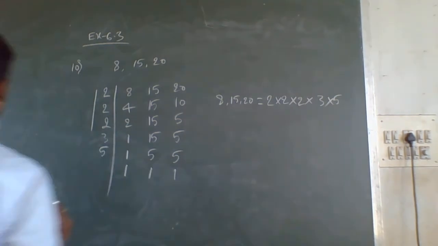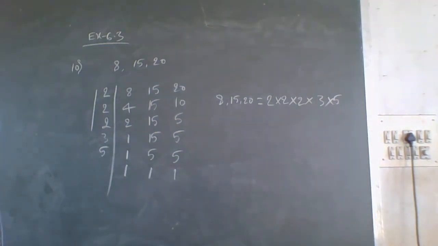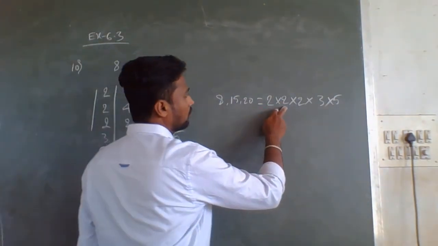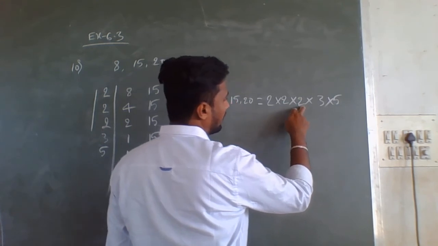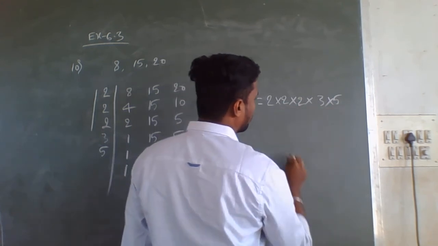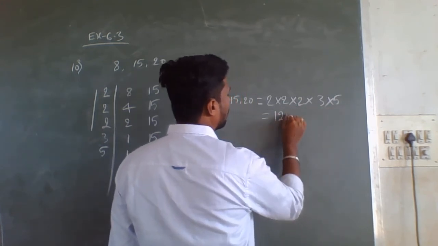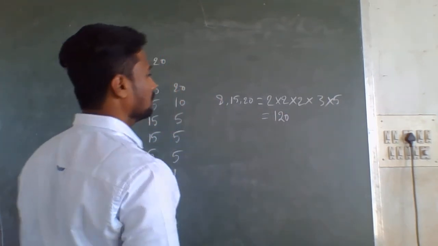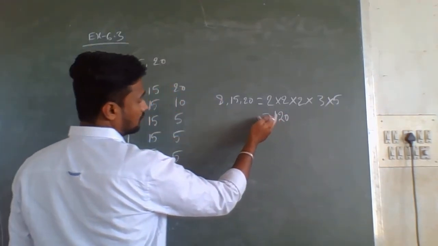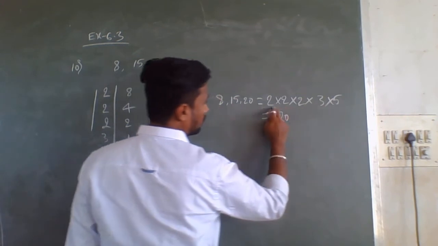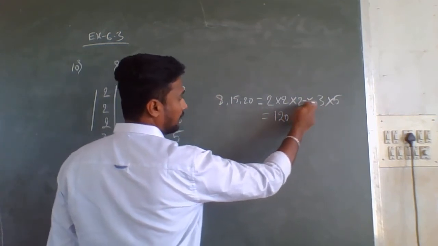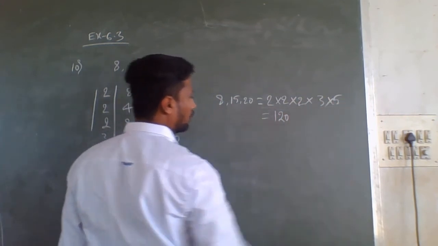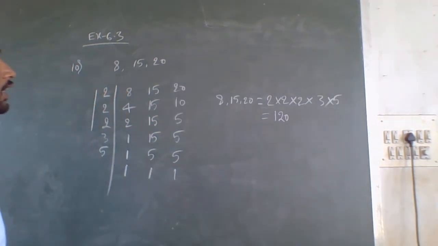So when you multiply, what will you get here? 2 twos are 4, 4 twos are 8, 8 threes are 24, 24 fives are 120. You can check, this 120 is the product of all these values. 2 into 2 is 4, 4 into 2 is 8, 8 into 3 is 24, 24 into 5 is 120.